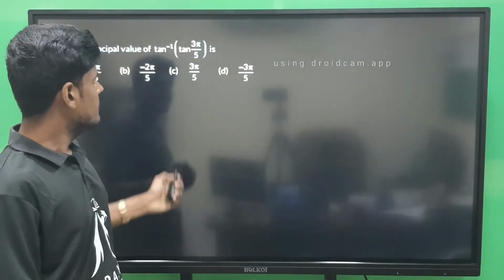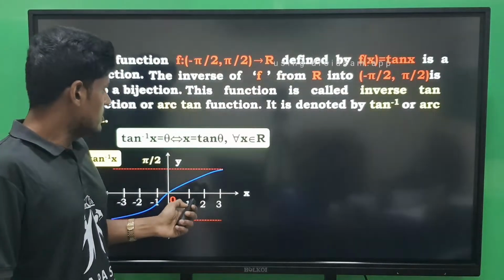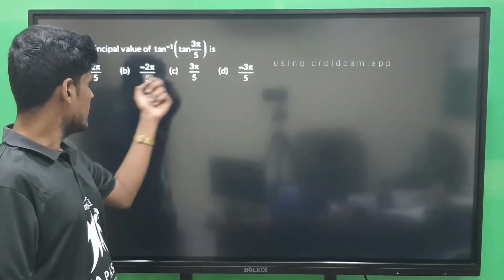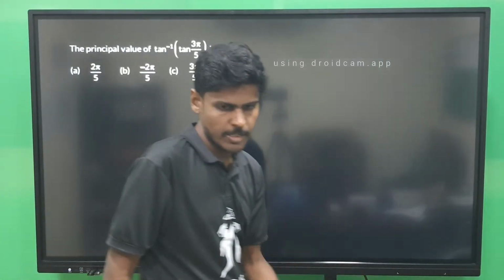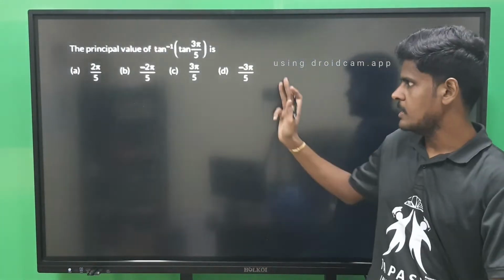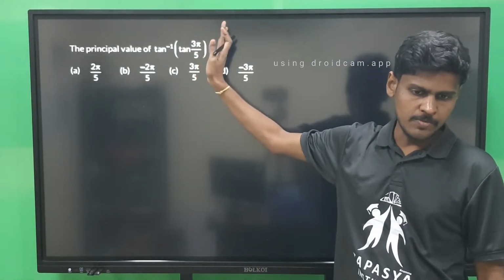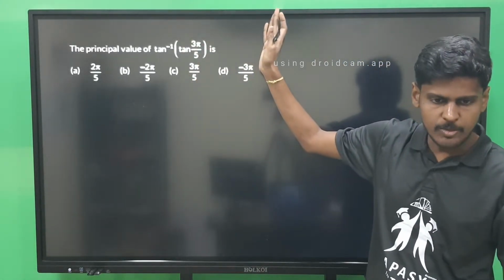So tan inverse of value output should lie between minus pi by 2 to pi by 2. This value, whether 3 pi by 5 answer is between pi by 2 to minus pi by 2 or not, it is not. 2.5 by 5 is pi by 2. It is obviously greater than pi by 2.